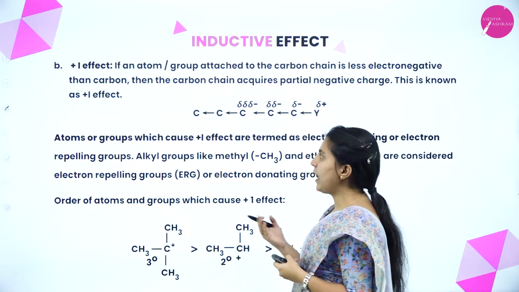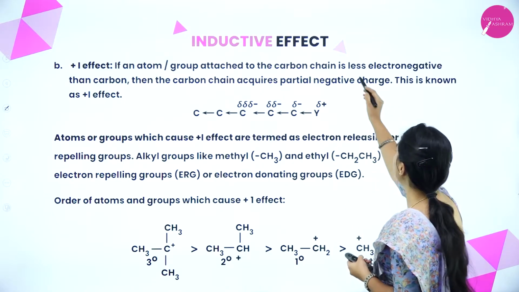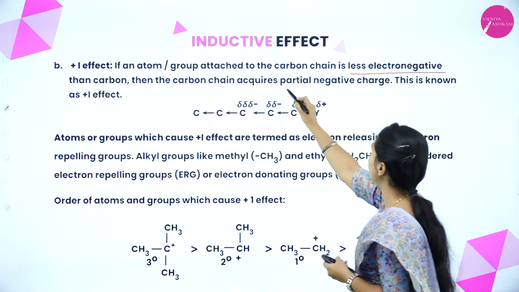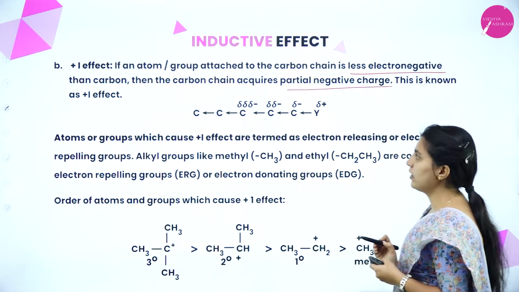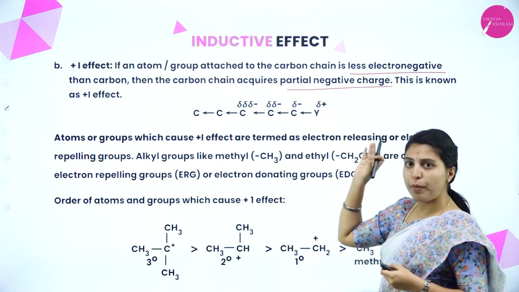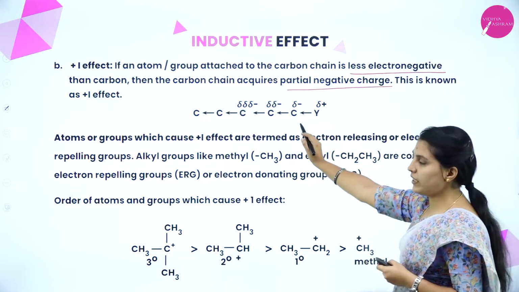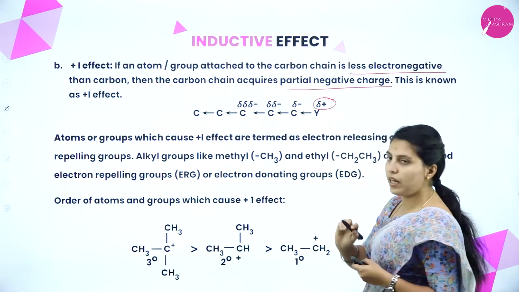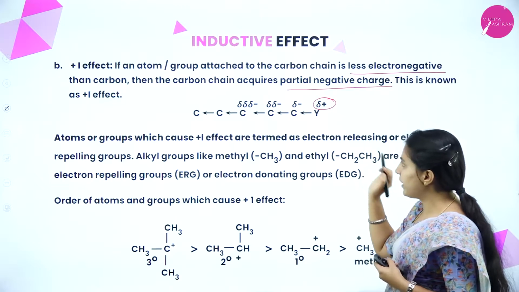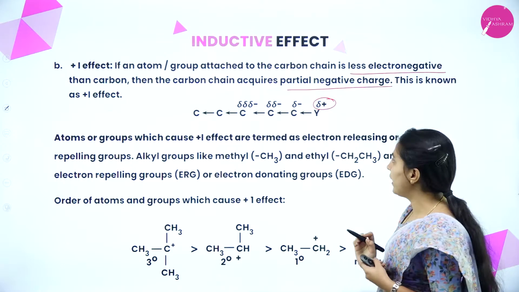Next is plus I effect. If an atom or group attached to the carbon chain is less electronegative than carbon, then the carbon chain acquires partial negative charge. This is known as plus I effect. Here, whatever the atom or group attached to the carbon, it will be less electronegative than carbon, so the carbon will acquire a partial negative charge.